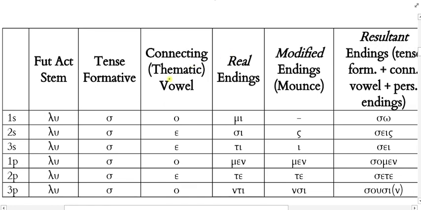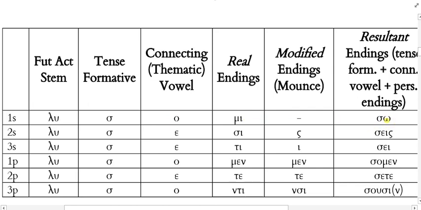Easy peasy. So here's what it's going to look like. Future active stem, lu, tense formative, sigma, connecting vowels depending on our endings here. So remember, me starts with a mu. That's why my connecting vowel is omicron. But you remember, much of the time me doesn't actually show up. It falls off. And then we're left with the omicron that lengthens, becomes omega.